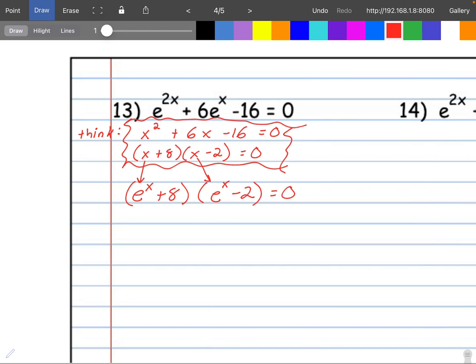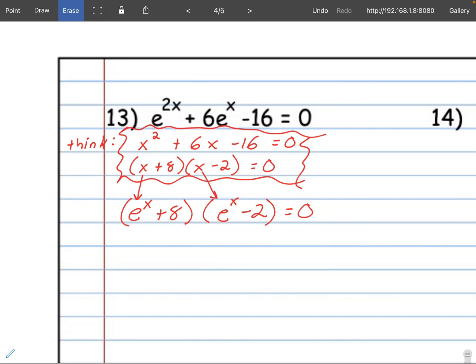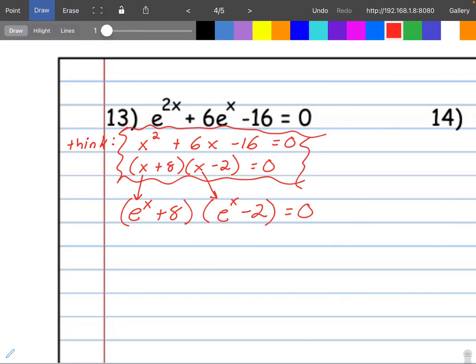Now, this is honestly the hardest part of the problem, just knowing how to look at this thing, get it factored, and then put it back into e form. So we can also think of e to the 2x power as e to the x times e to the x, because remember, when your bases are the same, you add the exponents.